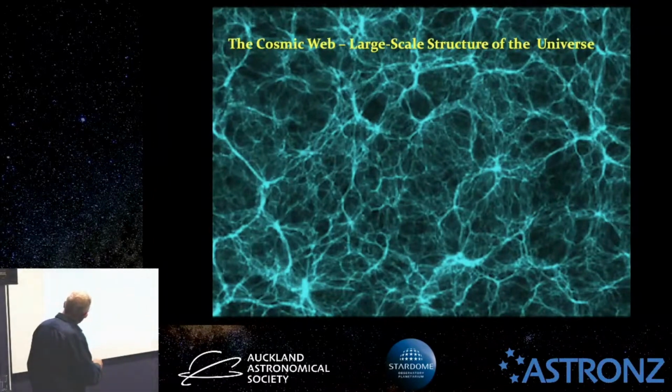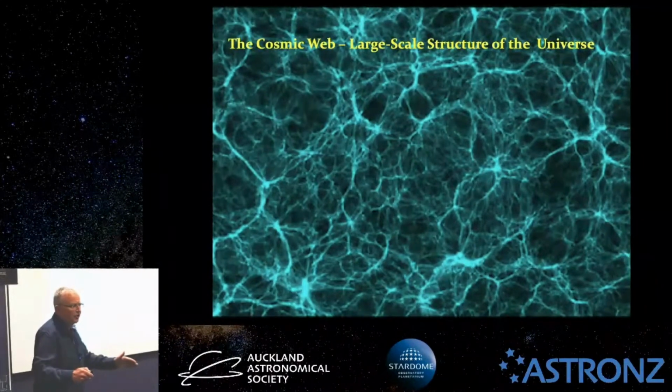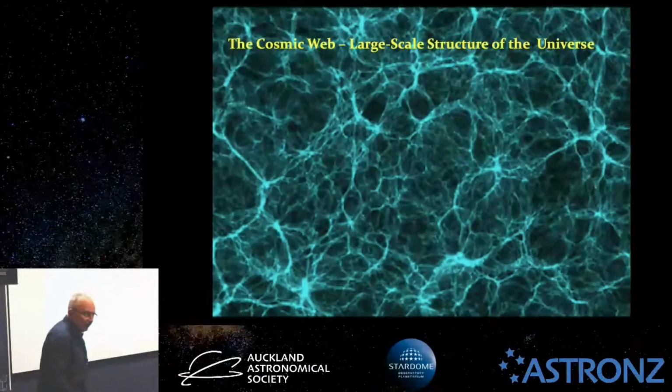So leading on from there, Jonathan's talk was all about this stuff out here. Tonight, I want to show you all about the stuff in here. Jonathan told us that 70% of the universe's matter/energy is made up of dark energy, which leaves 30% that is matter.